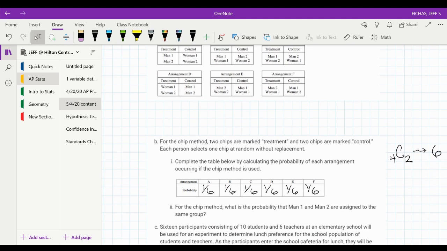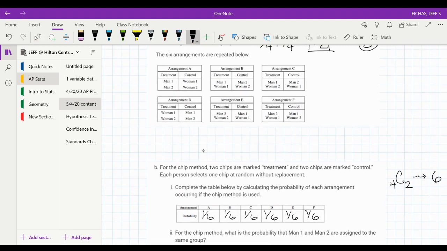What happens here is this: for this way of choosing, each of these basically has 4 possible arrangements, all 6 of them. So there's basically 4 factorial ways for this to play out, which is 24. Each of these different arrangements, there's 4 ways that this could have been pulled.